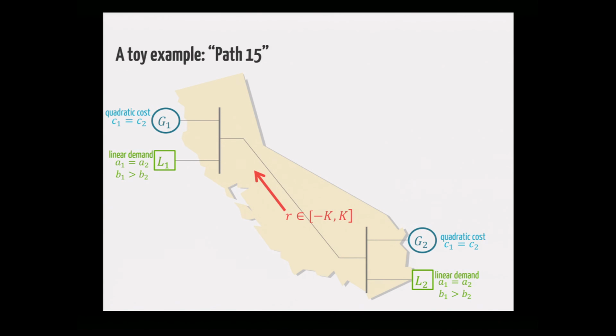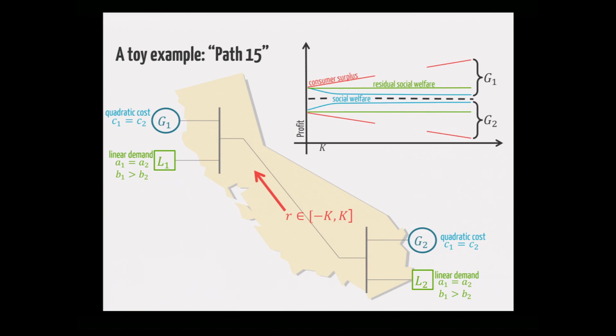If we take this caricature, you can already see some interesting things. If we had different clearing mechanisms for the ISO, you get very different behavior in these two scenarios. This is the case where an equilibrium doesn't exist under residual surplus. And what I'm pushing here is the capacity of this line.